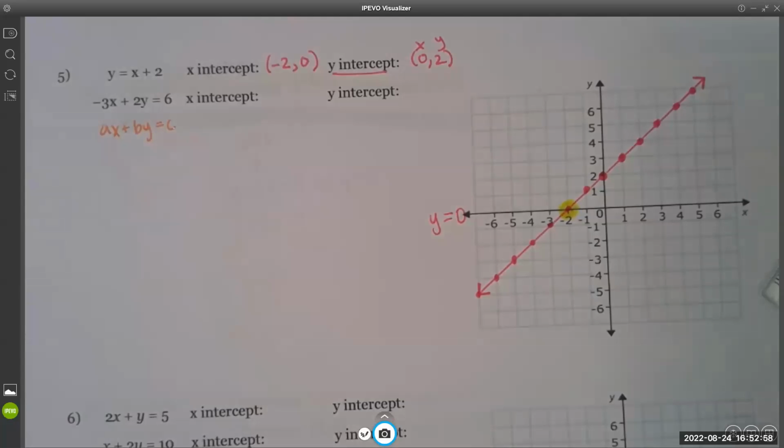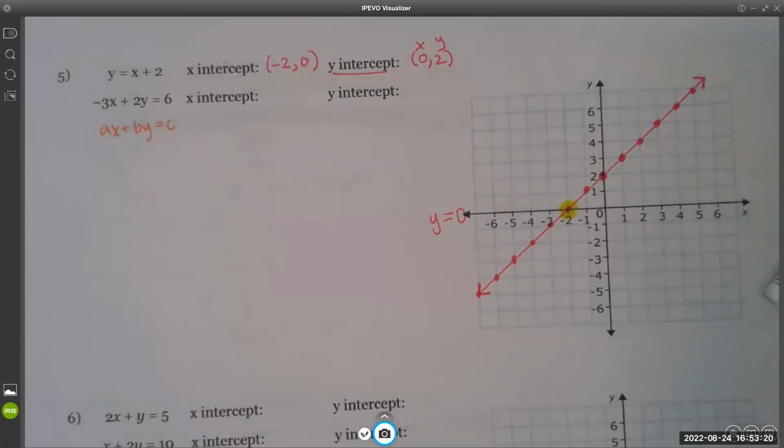You don't really need to know that, but we see that often when we solve algebraically, because when we set up elimination, oftentimes it looks like that. But also, when an equation is written like that, it might be helpful to be able to find intercepts like that.